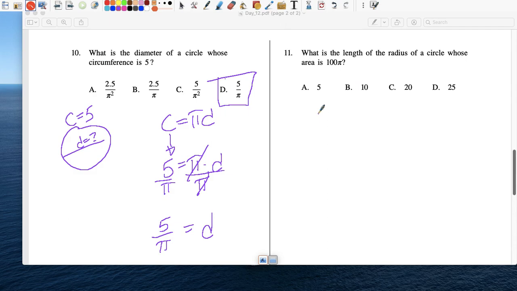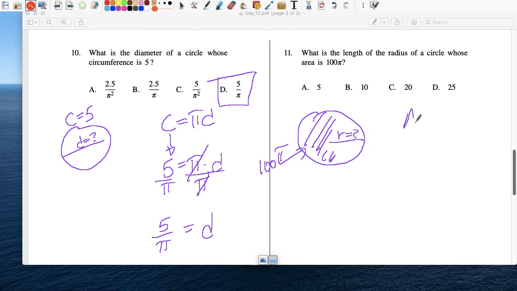What is the length of the radius? So again, here's a circle, and the radius is unknown to us, but the area is 100 pi. So area equals pi r squared. Substitute what we know. Area is 100 pi equals pi r squared.